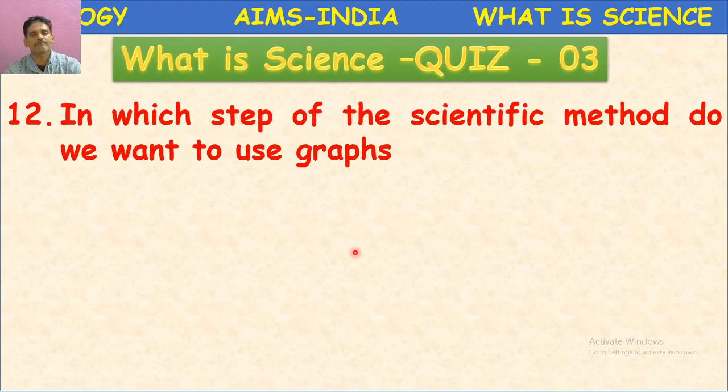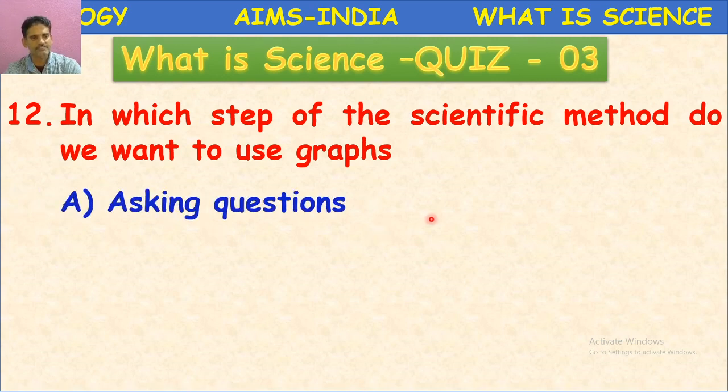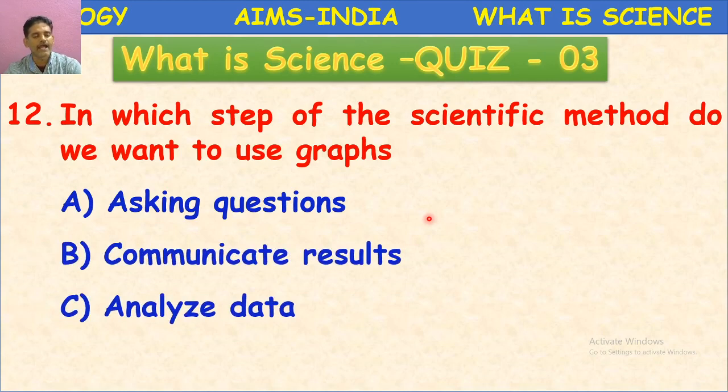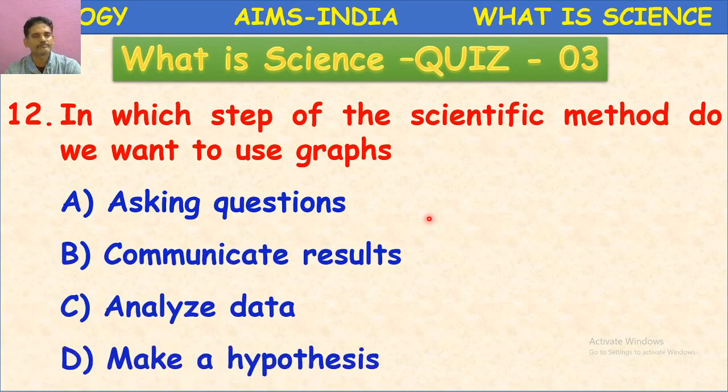In which step of the scientific method do we want to use graphs? Asking questions, communicate results, analyze data, make a hypothesis. In the scientific method, when do we use graphs?